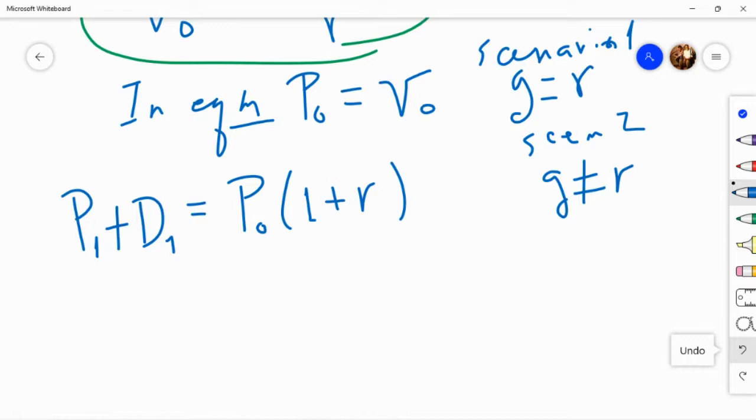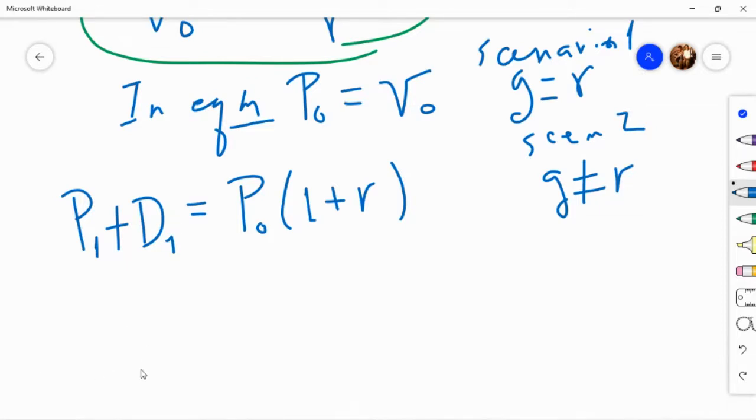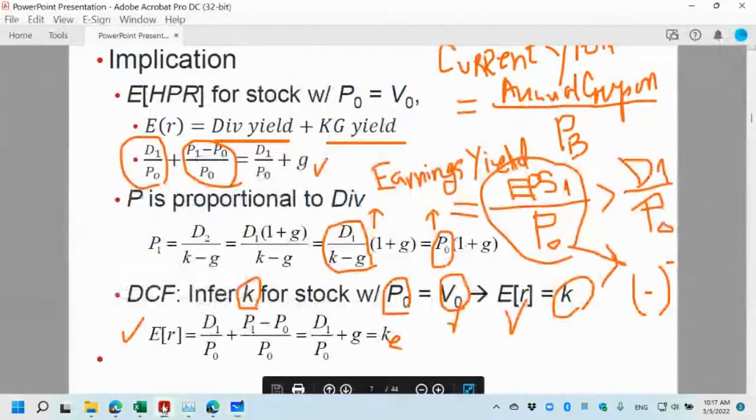Growth rate and return are not the same thing. Return is greater than the growth rate. Growth rate is just the part of the return, because growth rate is only the change in the stock price or the house value.